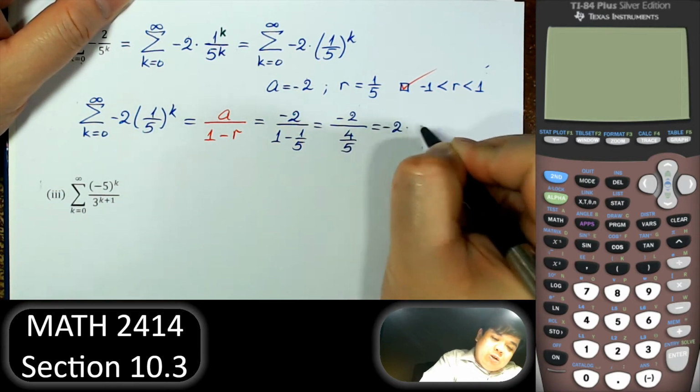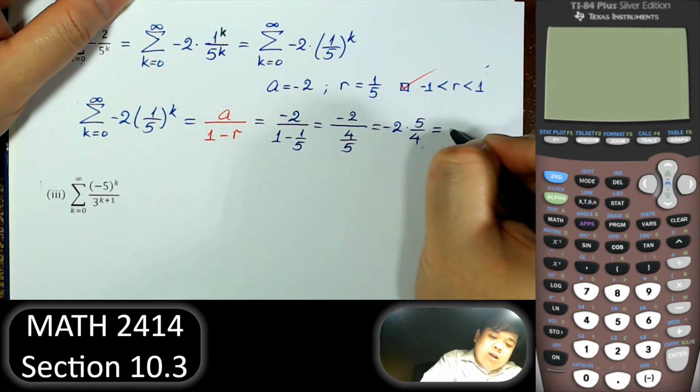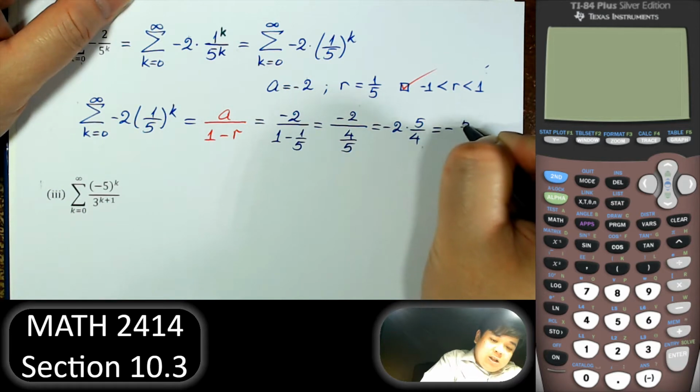Multiply by the reciprocal. -2 and 4 cancel out. We have -5/2.